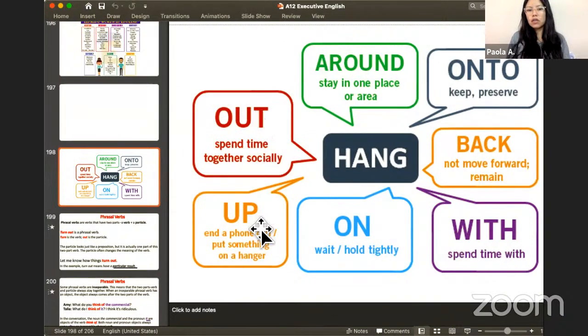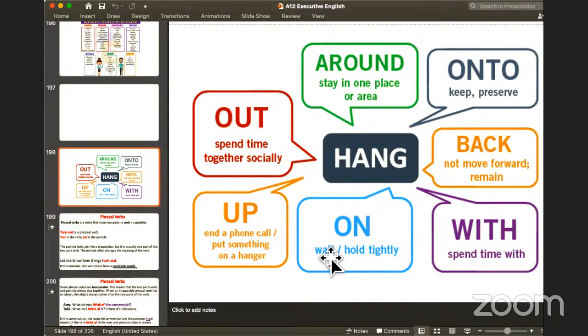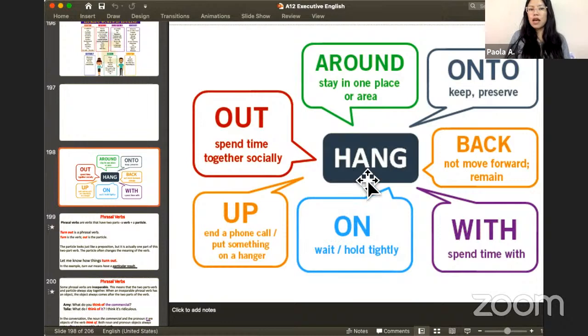Out, up, on, with, around. The combination of a verb and a particle has a new complete meaning. So it's not the same, for example, hang out or hang with. The meaning changed a little bit.